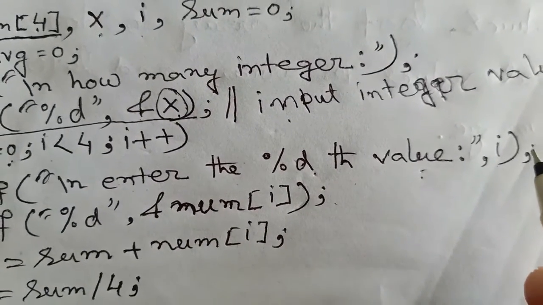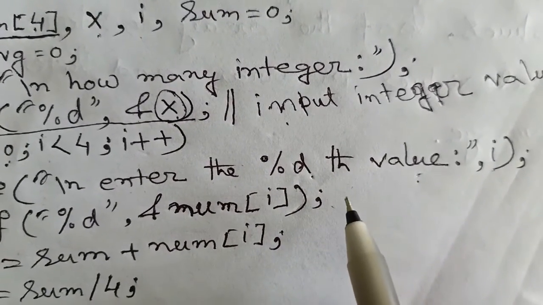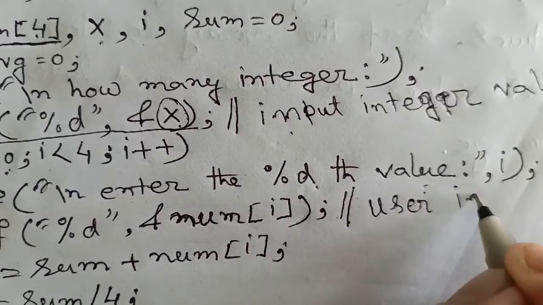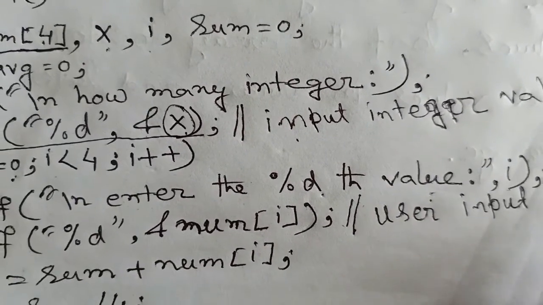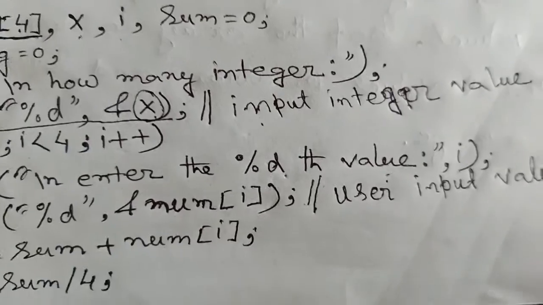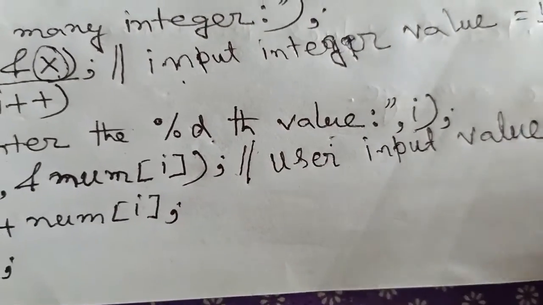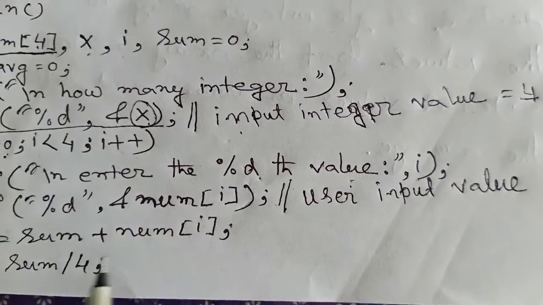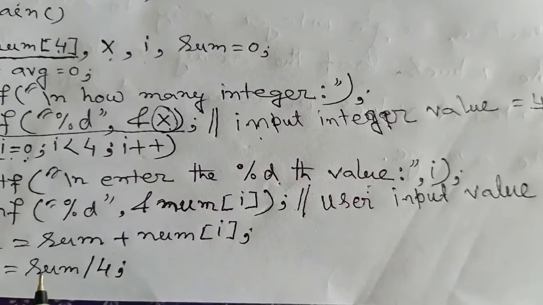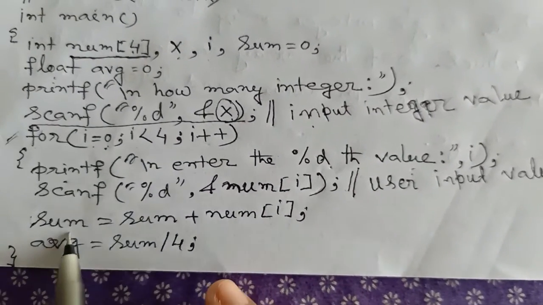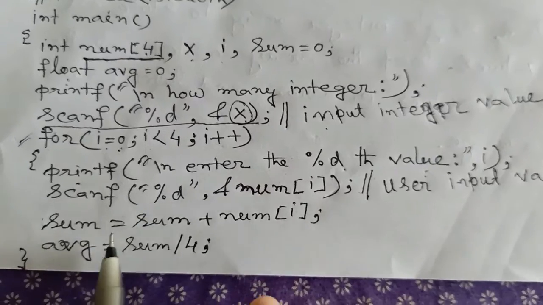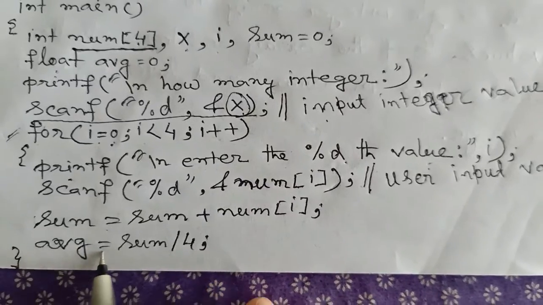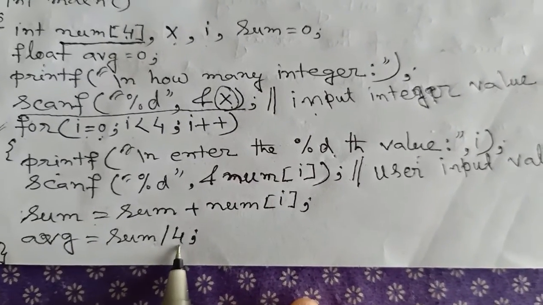So the printf shows the user input value at which index number. Then after taking all the input values, we do sum equal to sum plus *(num + i), and then the average of that sum.